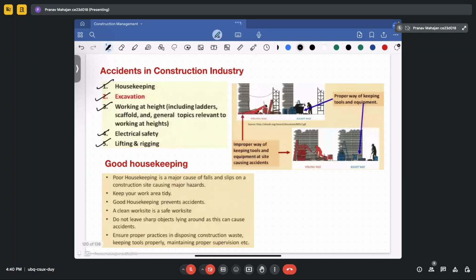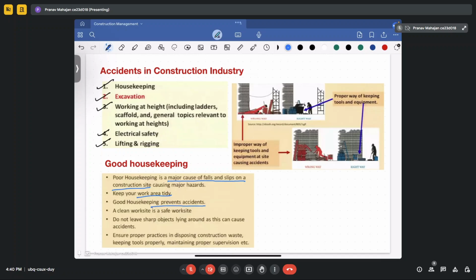Okay, if we talk about housekeeping, poor housekeeping is a major cause of falls and slips on a particular construction site. The work area should always be tidy, and good housekeeping prevents accidents.